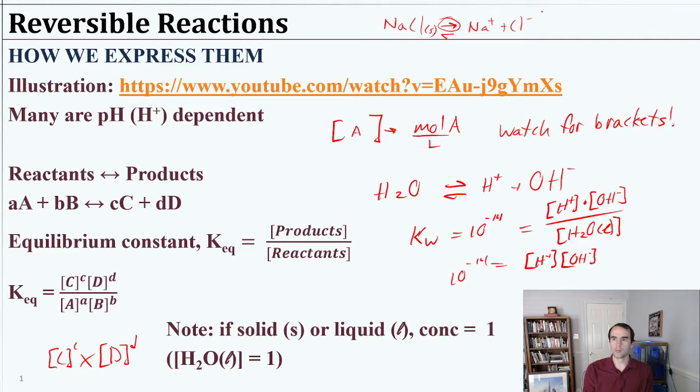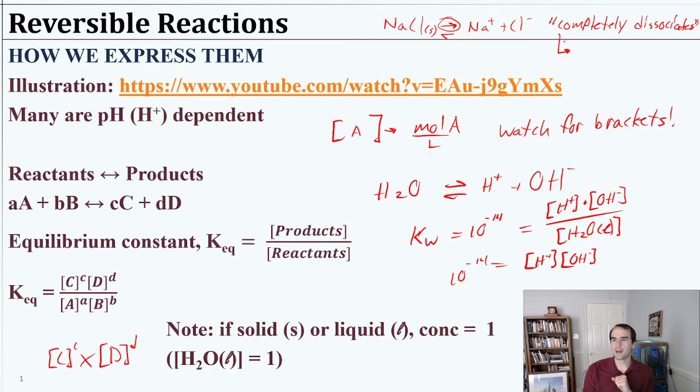So sometimes we'll deal with problems where, if you ever see "completely dissociates," then you can just assume that was a forward reaction and you're not worried about the equilibrium.